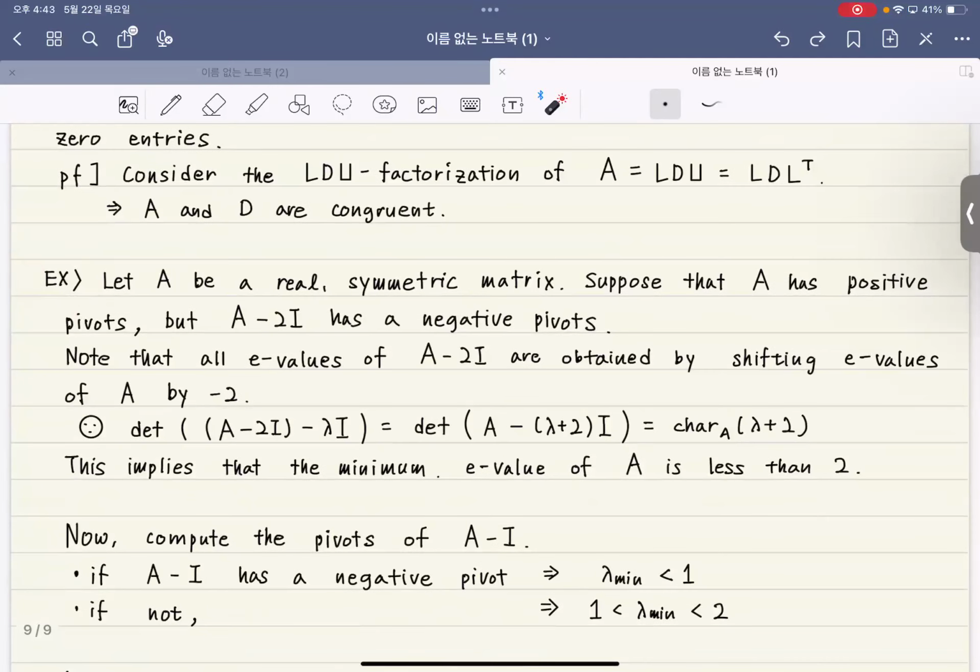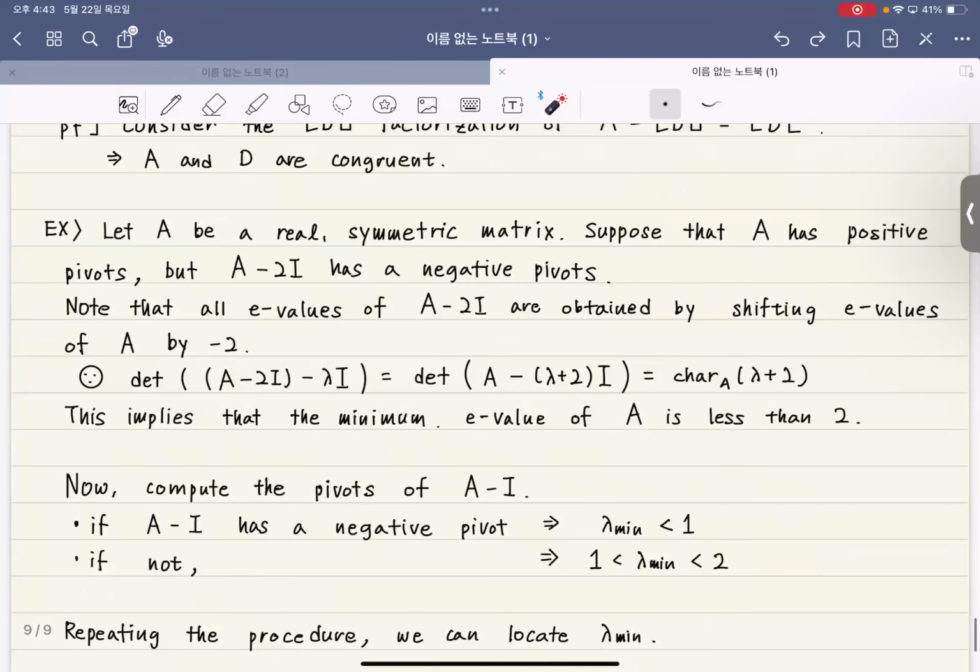Now, this is a very interesting exercise. Suppose that I have a real symmetric matrix A, and let us suppose that A has all positive pivots, but A minus 2I has a negative pivot. Suppose that I have this hypothetical situation. You have to realize that the eigenvalues of this matrix are obtained by shifting the eigenvalues of A by -2.